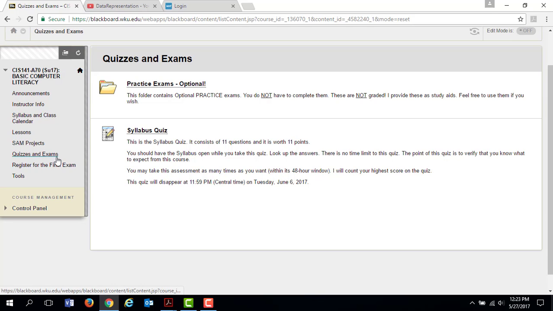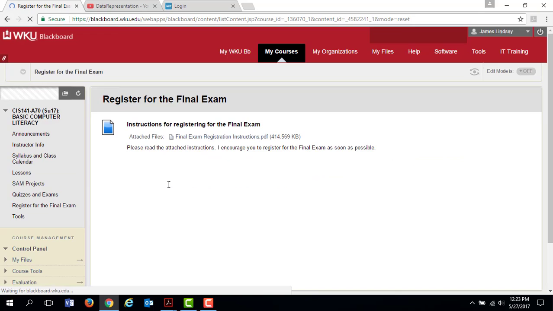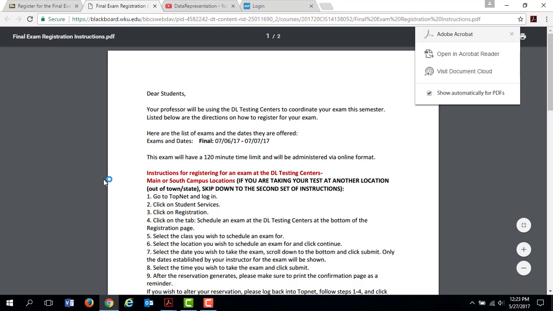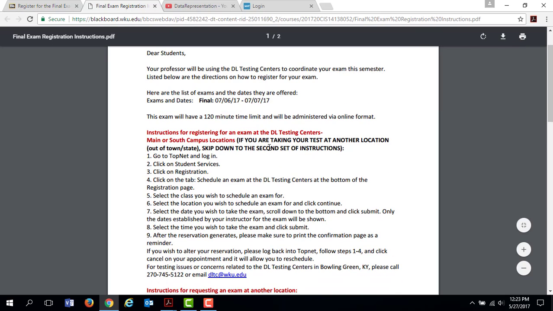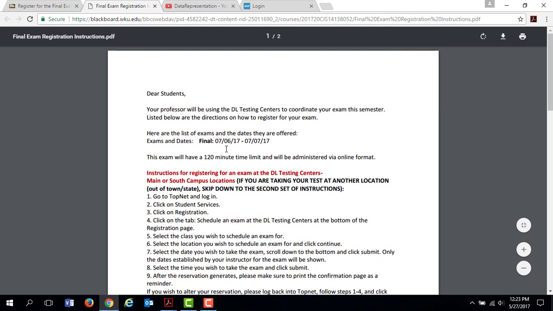Let's jump over to how to register for the final exam. Please do that today. As you click on it, there's a link to a PDF document right here. If you click on that, it talks about the process for registering for that final exam. Again, it's going to be July 6th or 7th.